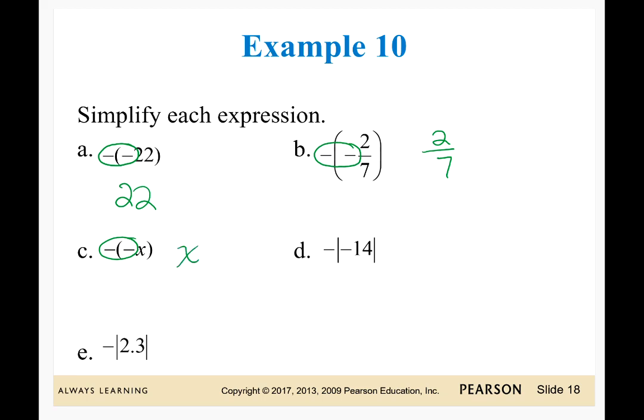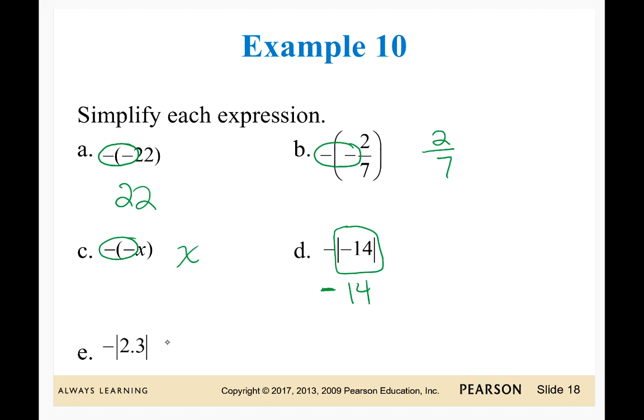If you have absolute values, though, you need to be careful, because absolute values means we have a little bit of work to do. So first I have to do this. What is the absolute value of negative 14? That is positive 14. So this is the opposite of positive 14. What's the opposite of positive 14? Negative 14.